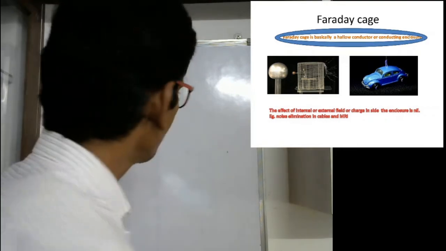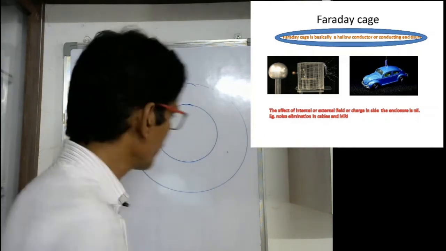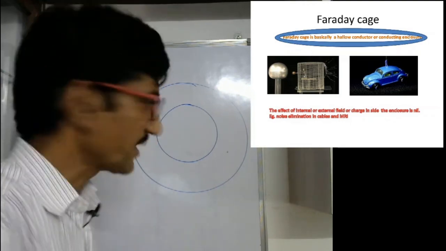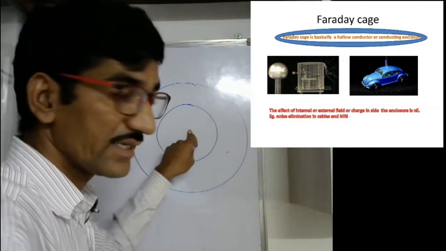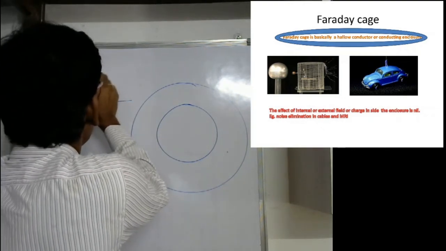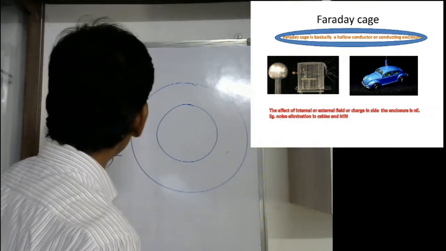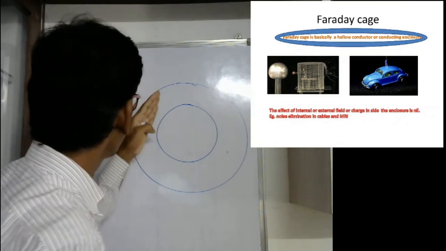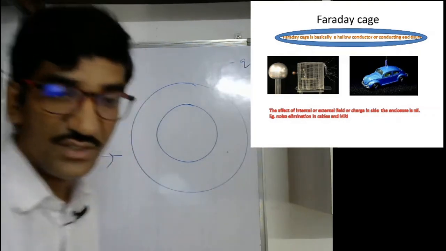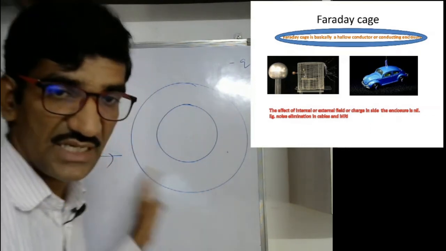How is this possible? This is a Faraday's cage. You are applying some external field, and your instrument is here. Field lines are coming like this, which means on this side you have plus Q of the field, and on this side minus charge. These external charges are the origin of this electric field.